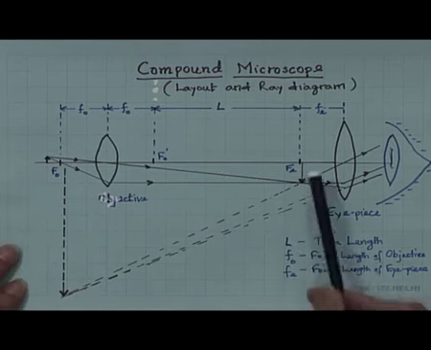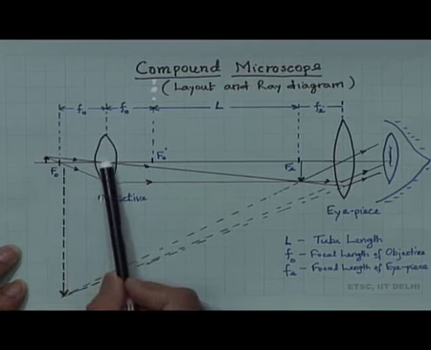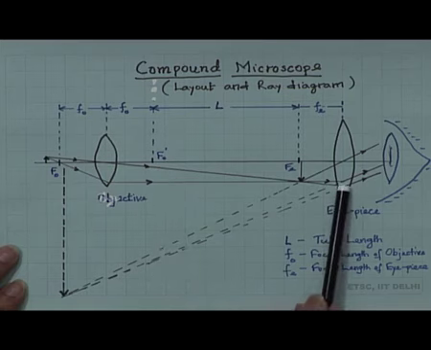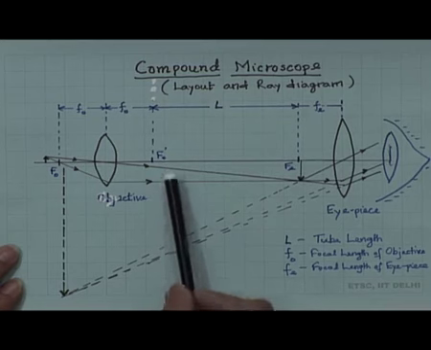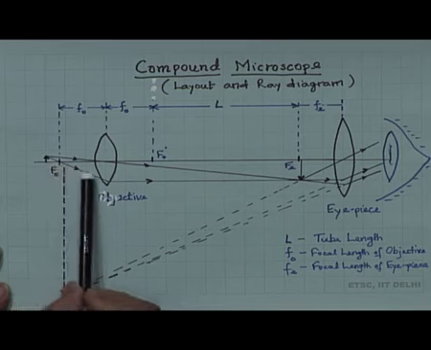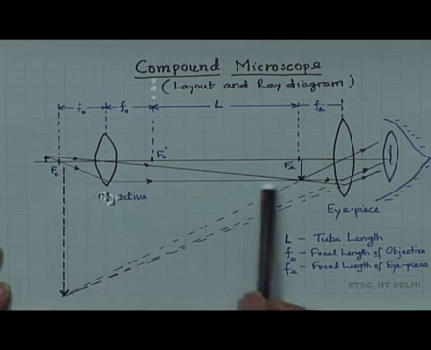In the ray diagram, we can see here that the ray which passes through the midpoint of the lens passes undeviated. There are other rays also which can be shown, but I have shown only 2 rays to avoid complications. The ray which passes through the focus here, any ray coming from the focus will be rendered parallel.